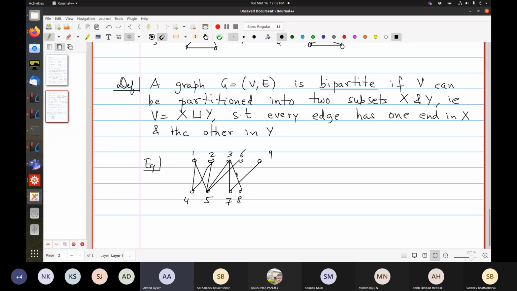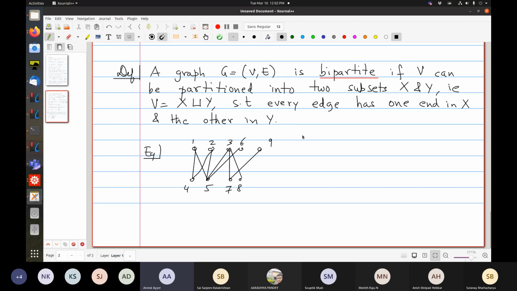Okay, so this is an example of a bipartite graph. Okay. And you might think this is highly restrictive, but it turns out that a lot of important graphs are bipartite.